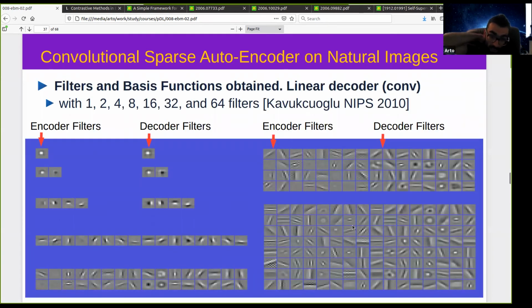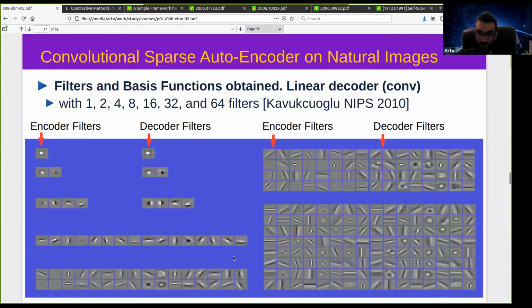Here they show a bunch of filters learned when we vary the number of filters in the encoder and decoder.